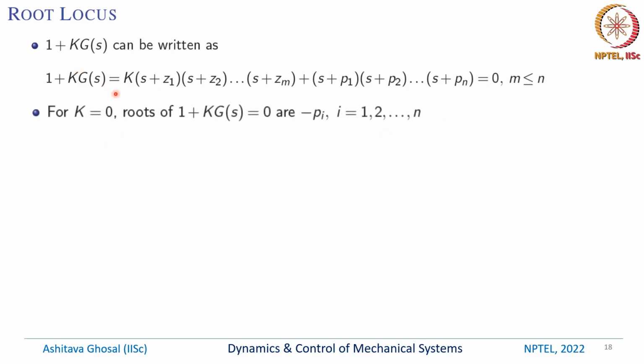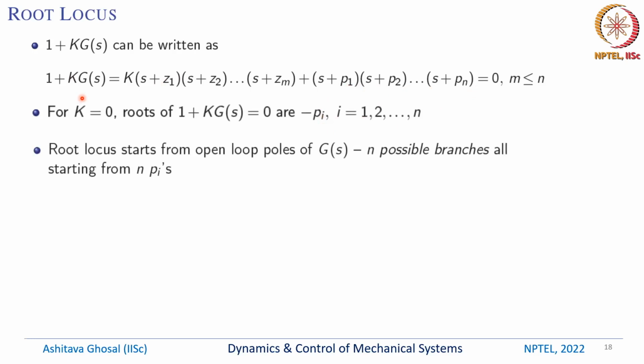So if you substitute k equal to 0 here, then the roots of 1 plus kg are nothing but the poles of the open loop transfer function. So the roots of 1 plus kg equal to 0 for k equal to 0 are minus p1, minus p2, all the way till minus pn. Okay, so these are the roots when k equal to 0.